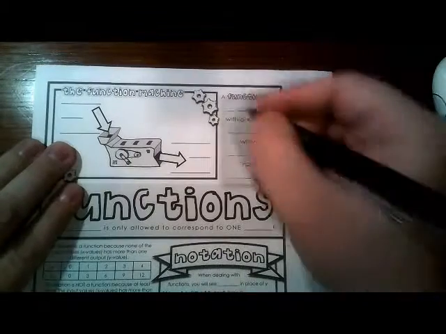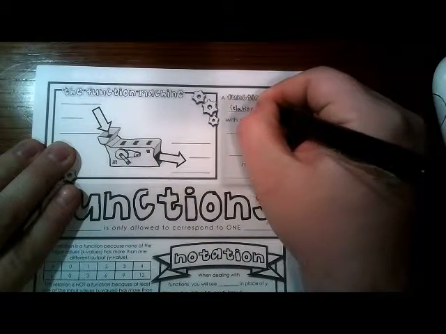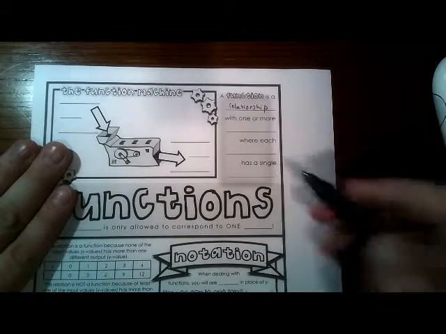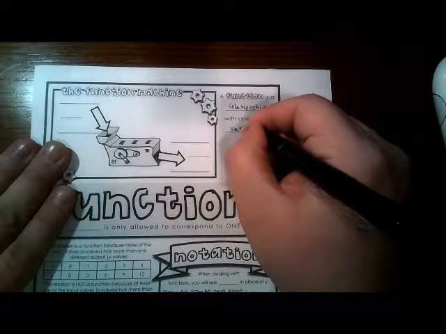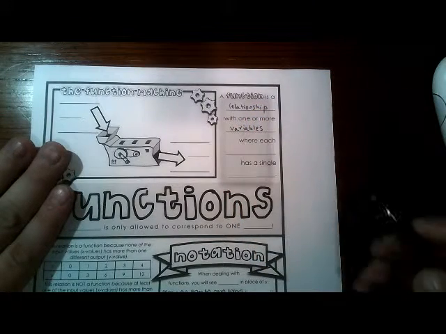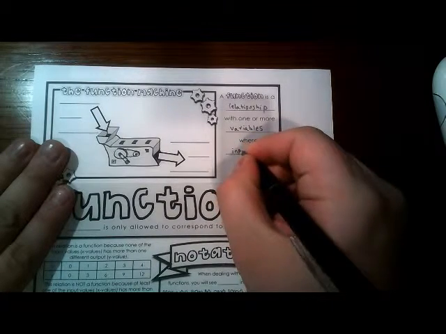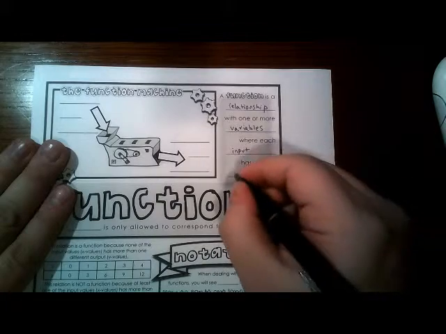Now, a function is a very specific type of relationship. So a function is a relationship with one or more variables, like x and y, where each input has a single output.